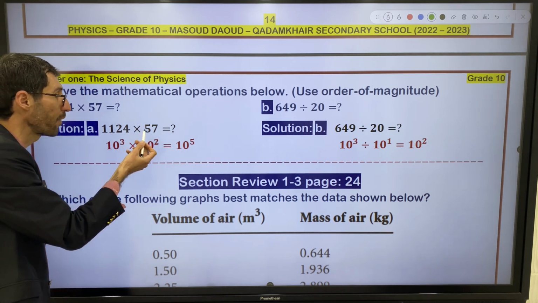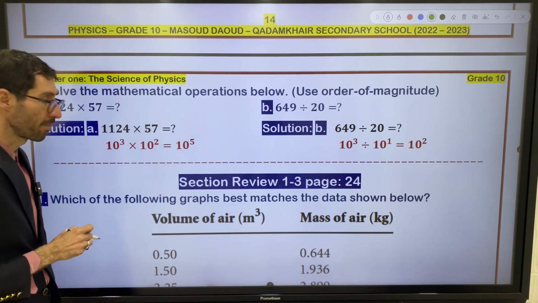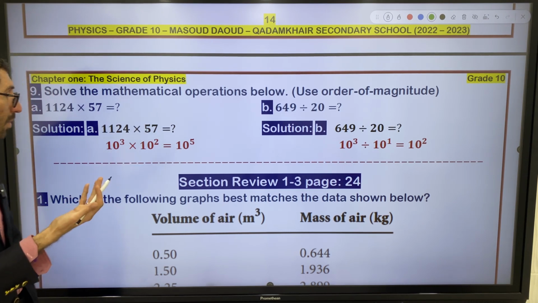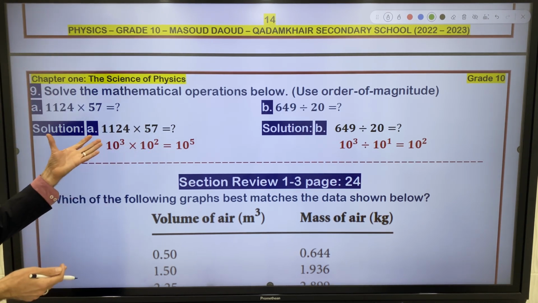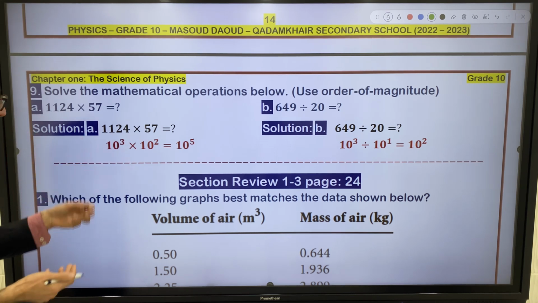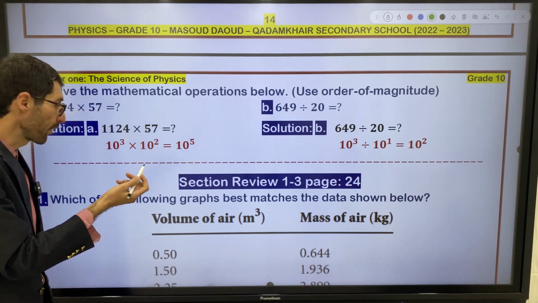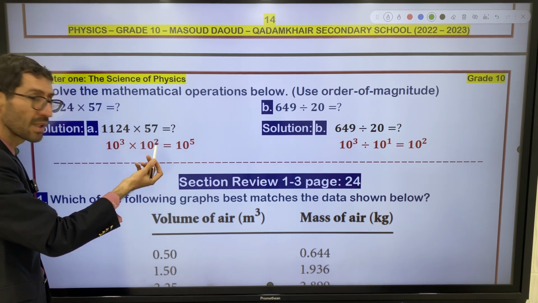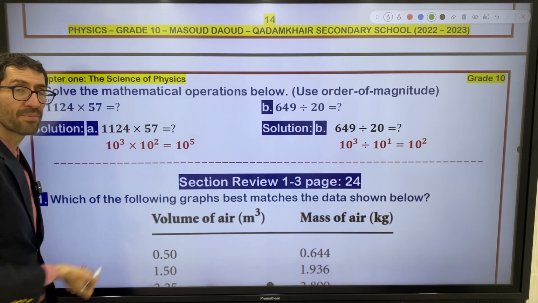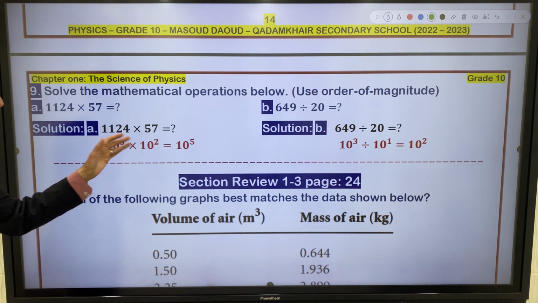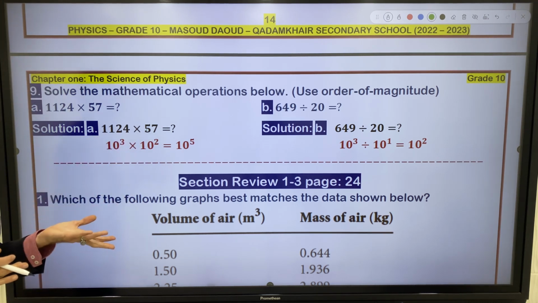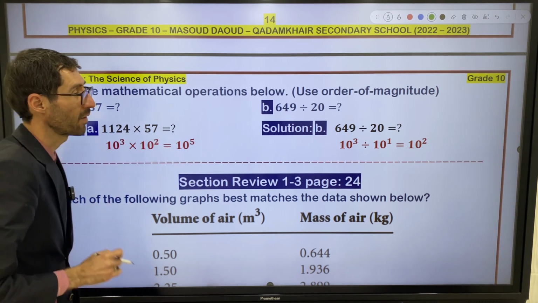That's why instead of 57, I write 10 to the power 2. Now we are about to finish. It's very easy, actually. We are close to the final answer. 10 to the power 3 times 10 to the power 2. Write one common base, and add the exponents together. It becomes 10 to the power 5.